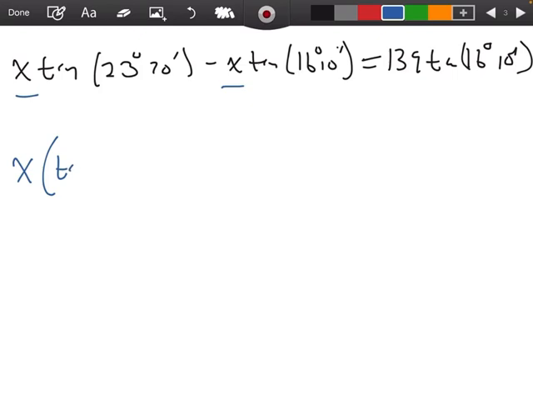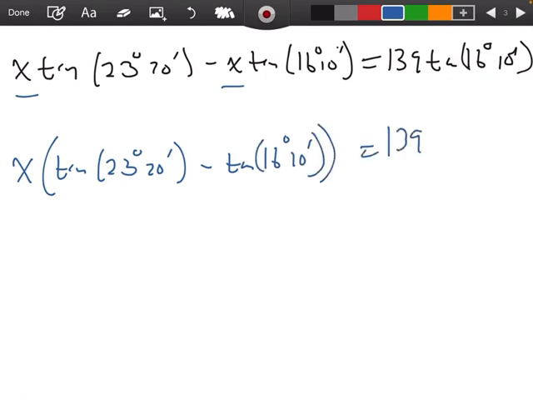So we have x times tangent 23 degrees 20 minutes minus tangent 16 degrees 10 minutes is equal to 139 tangent 16 degrees 10 minutes.